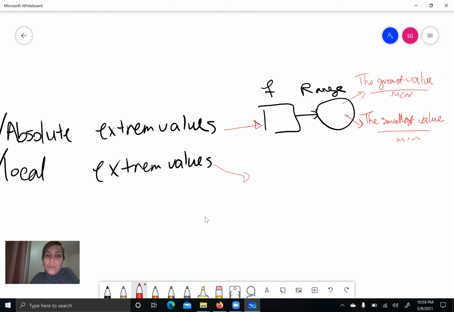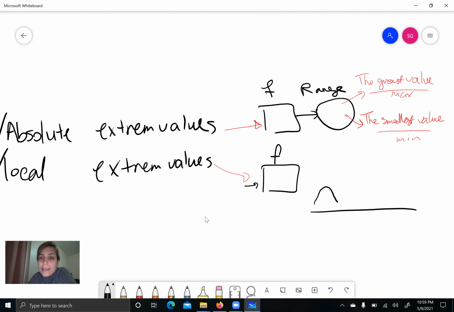And local ones don't look at the entire range. Suppose this is the graph of a function.